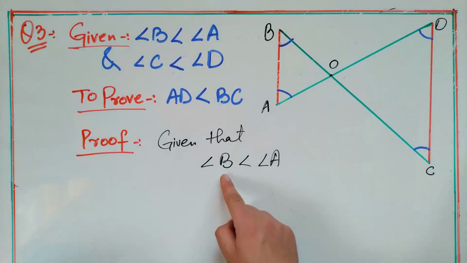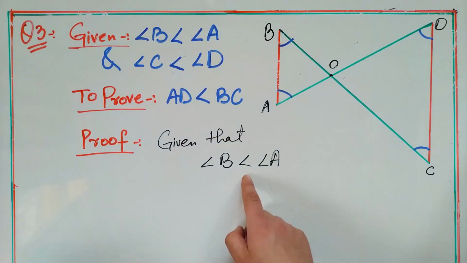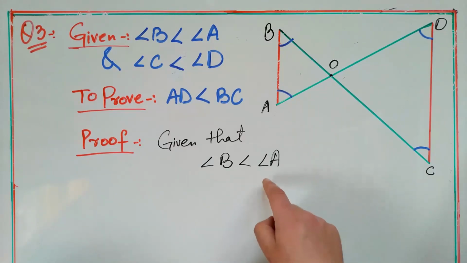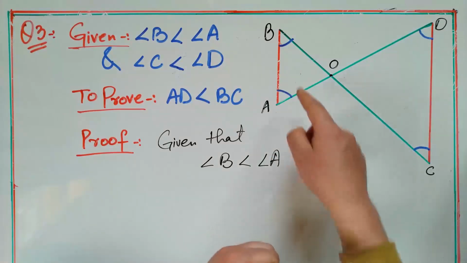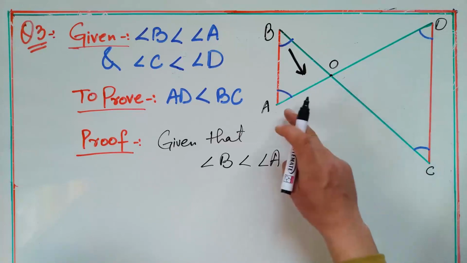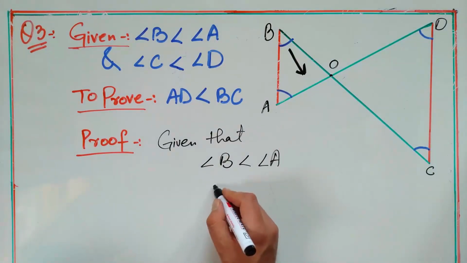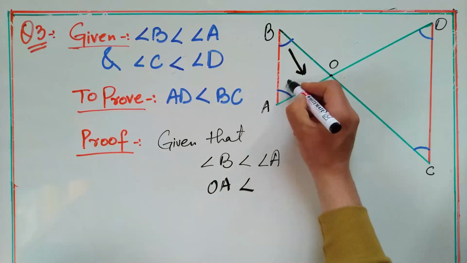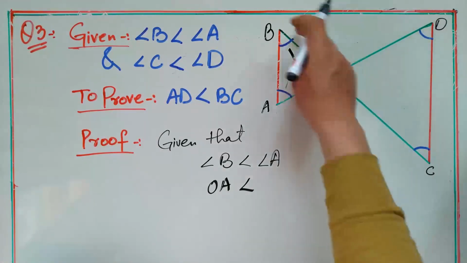So, if angle B is lesser than angle A, then the side opposite to angle B will also be lesser than the side opposite to angle A. So the side opposite to angle B is OA. So I can write down OA is lesser than the side opposite to angle A, which is OB.